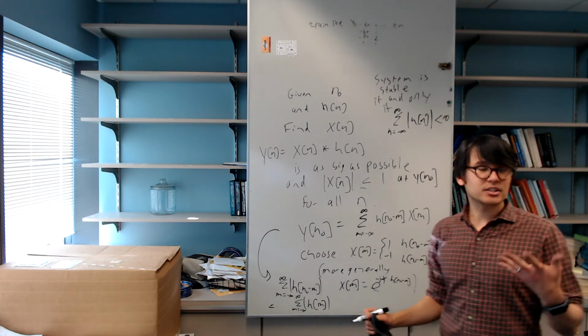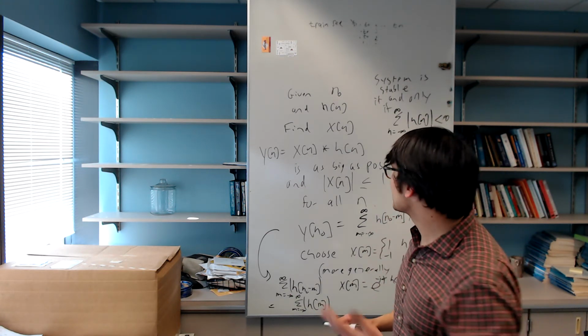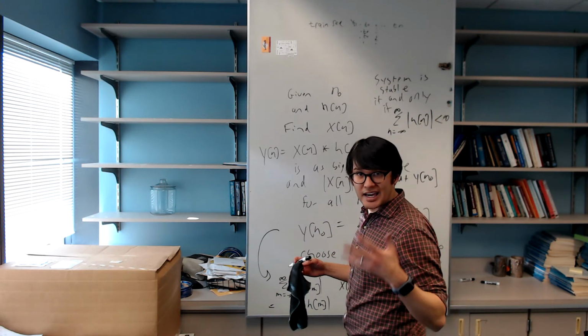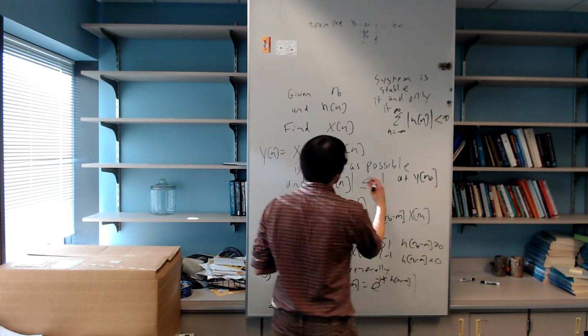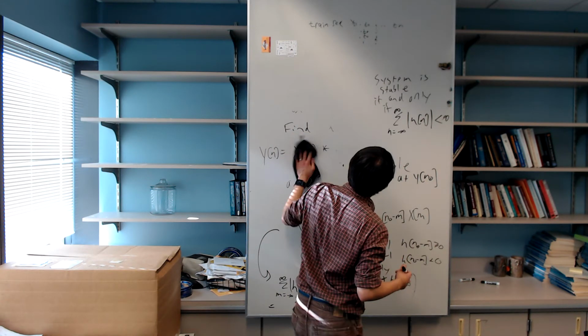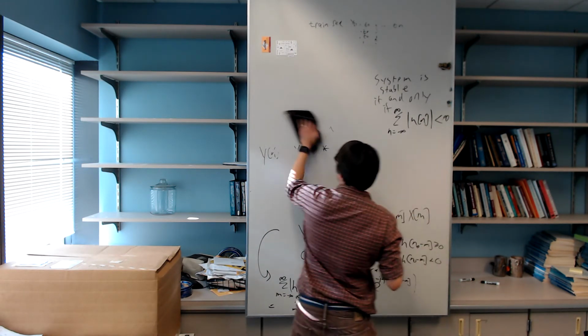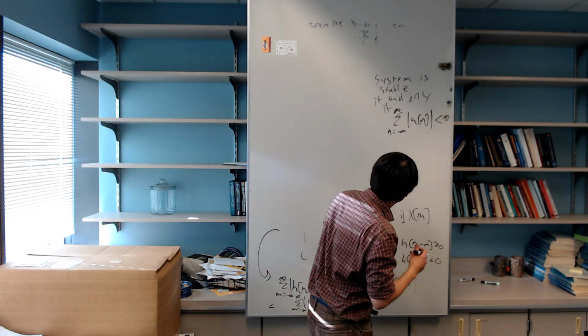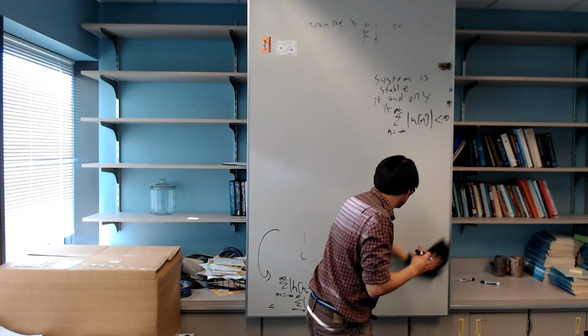So this actually tells us a lot. In particular, we can look at a pole zero plot of a system, just look at its poles, and tell which of these correspond to stable and rational systems and so on.